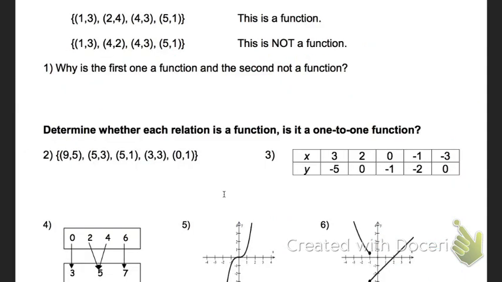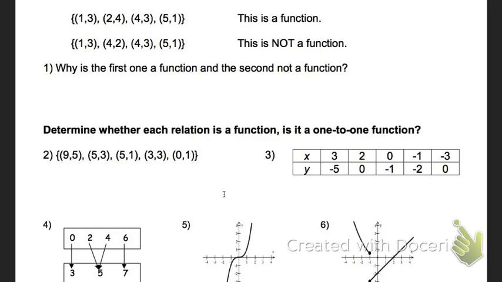So if you look at it, sometimes they'll give you ordered pairs and it asks you whether they're a function or not. The top one is a function, the second one is not a function. Why is that? What is the difference between the top and the bottom? So one-to-one can't have y repetitions? Right.